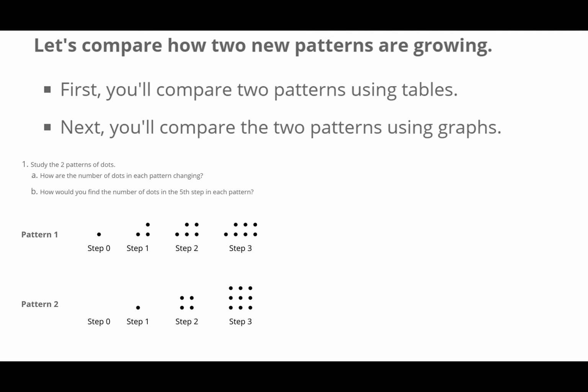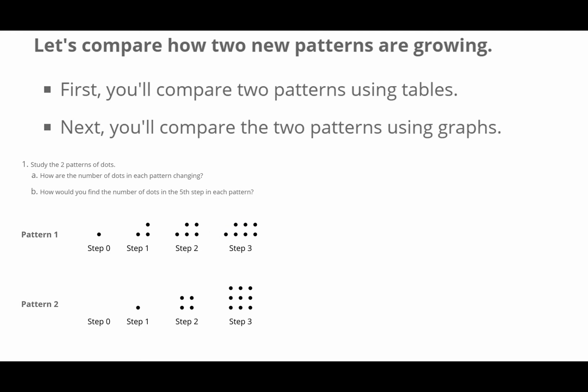For pattern 1, there's lots of different ways to see how this is growing. You may be visualizing it as having this triangle that's then having pieces added. You may be seeing it as there's this dot that's on the left that's always hanging out there, and then things are changing next to it.